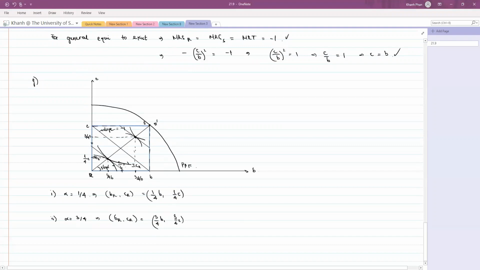Sorry, I should make them tangent, not cutting through the line. So you want it like this. This is my indifference curve for Self, and the indifference curve for Recharge. They are touching at this point. So this is another equilibrium, if Recharge is consuming 3/4 of the products.